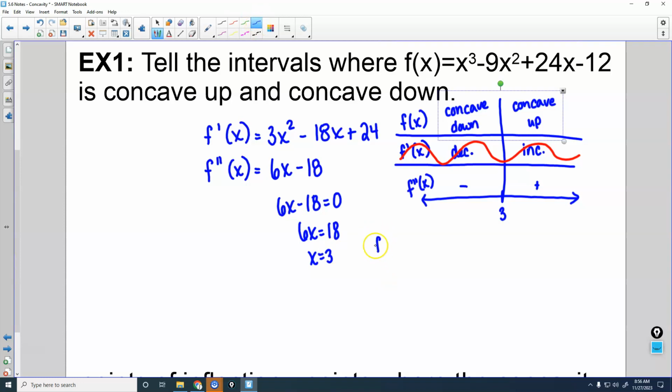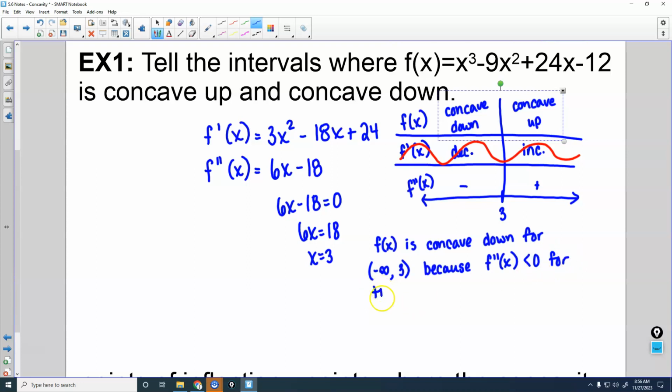So I would say f of x is concave down for negative infinity to 3 because f double prime of x is less than 0 for this interval.